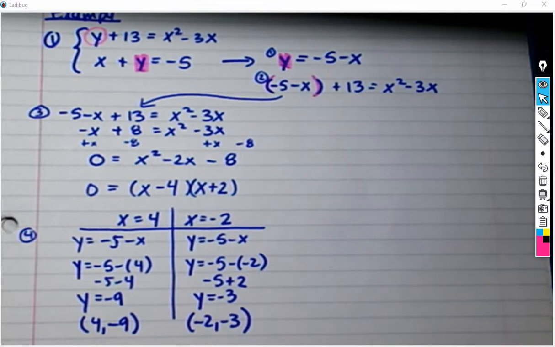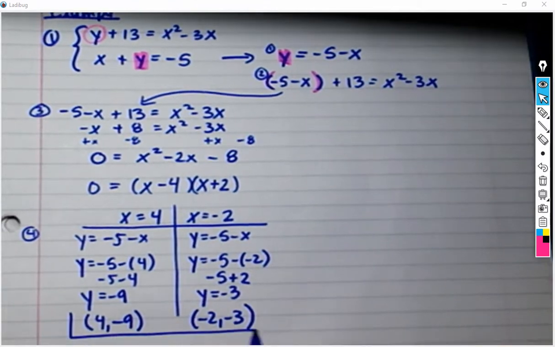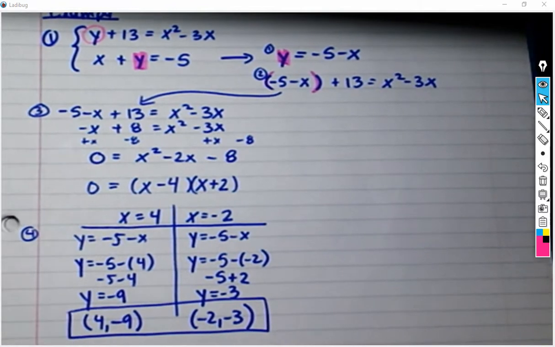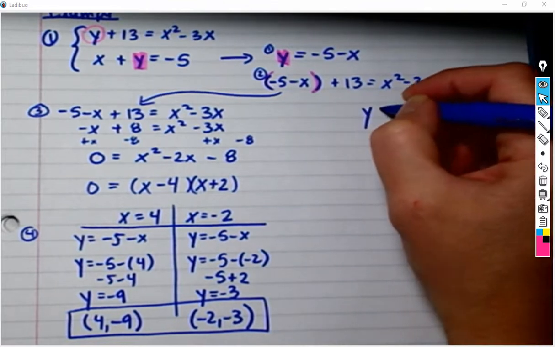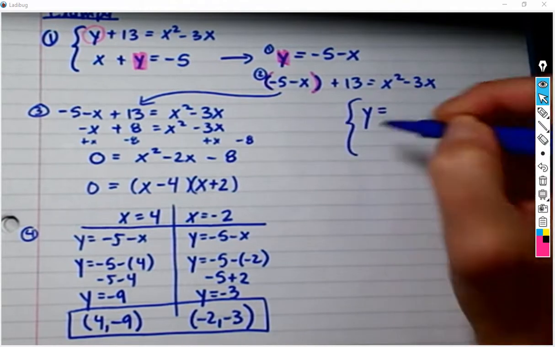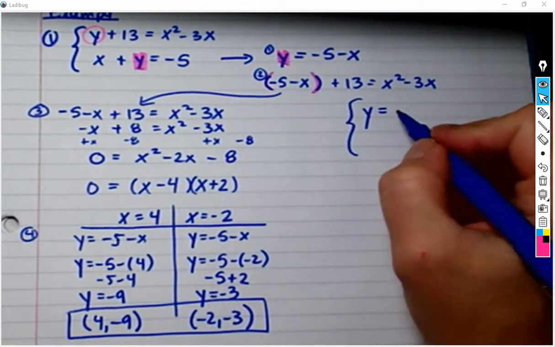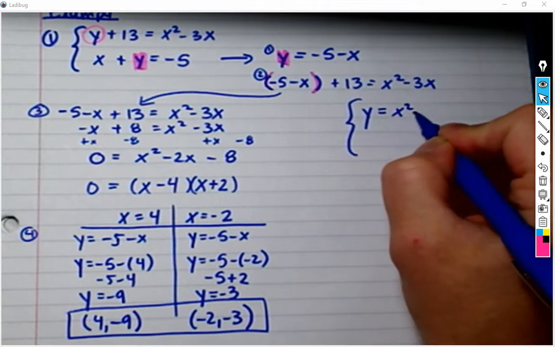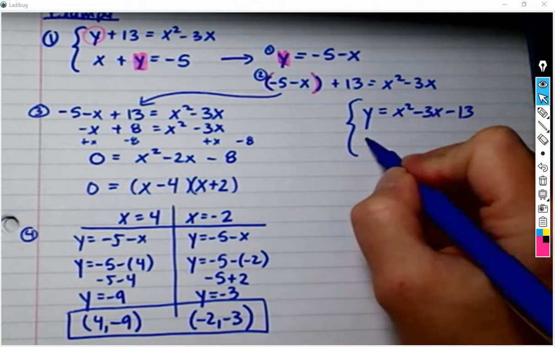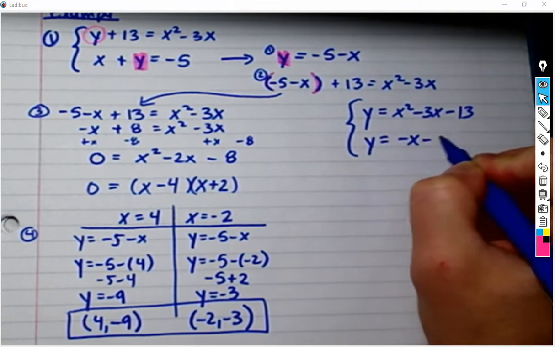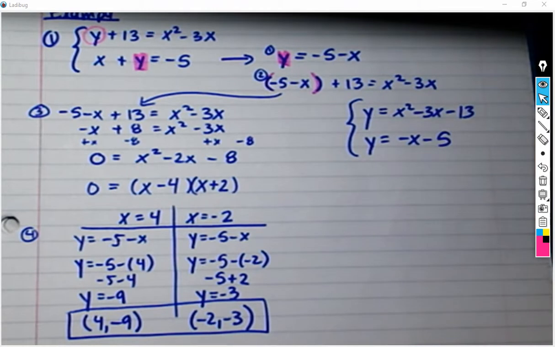So it appears as though I have 2 real solutions because I found 2 points. Now, what I'm going to do is over here, I'm going to use Desmos to check it. All right, I'm just putting it in y equals format here because I can. And before I put it in Desmos, I'm going to guess what it looks like.